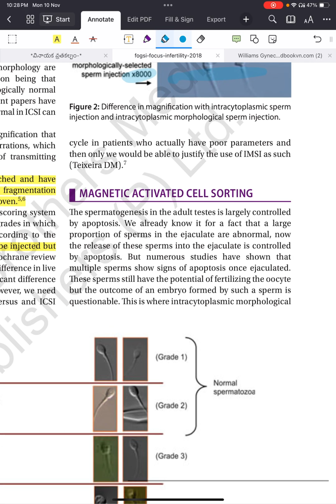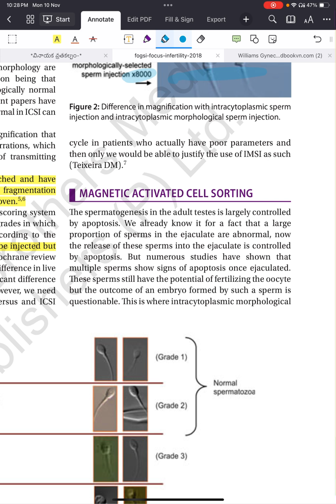Coming to magnetic activated cell sorting. In adult testes, spermatogenesis creates so many millions of sperms, and these sperms are largely controlled by apoptosis. That's why, if you see sperms in a semen sample, some are abnormal forms.